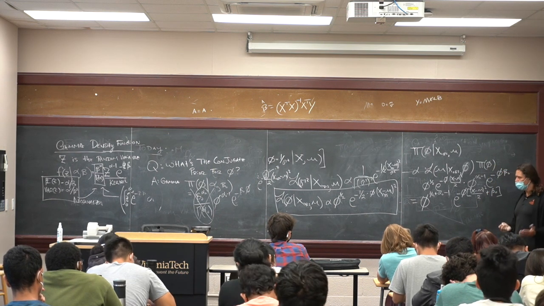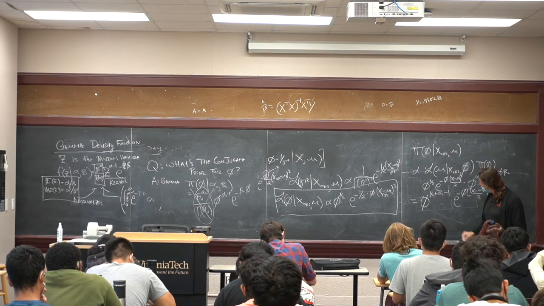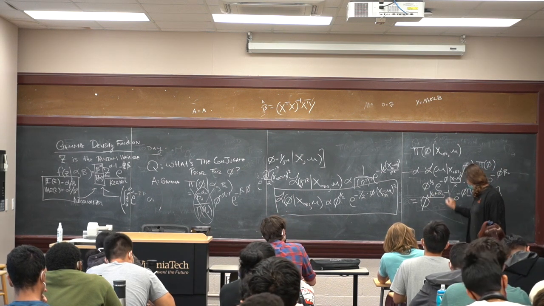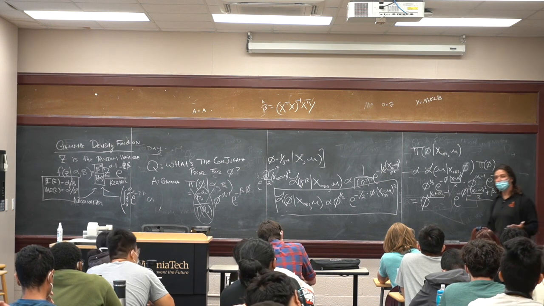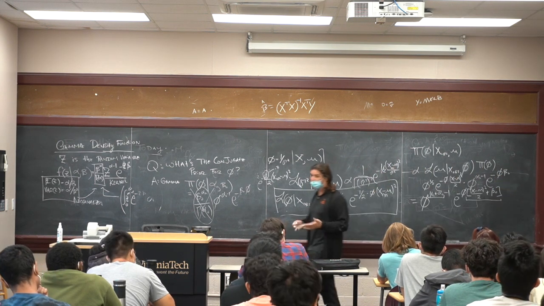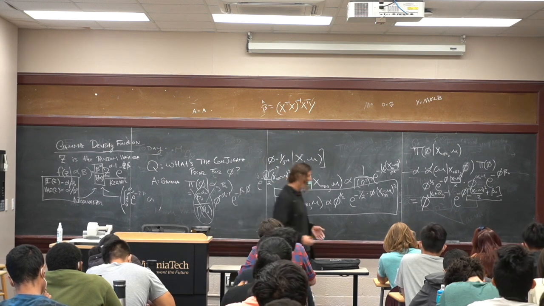And I recognize what this is. This is a gamma, where this is the first argument, and this is the second argument, because I know what a gamma looks like. And so you can do it instantaneously if you just know what these densities look like.